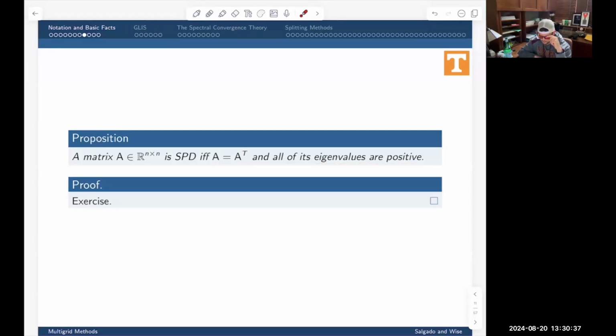And in fact, we can generalize this. We can say that a matrix is SPD with respect to another inner product if and only if it's symmetric with respect to the inner product, and all of its eigenvalues are still positive. Okay.